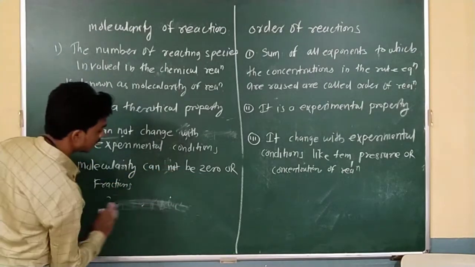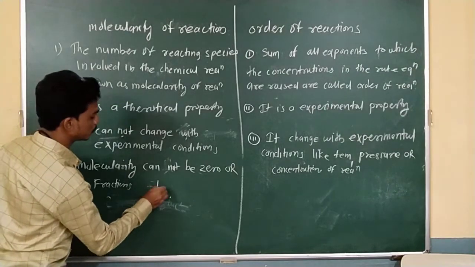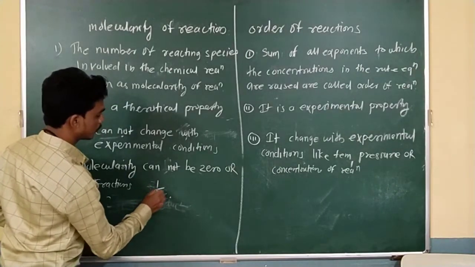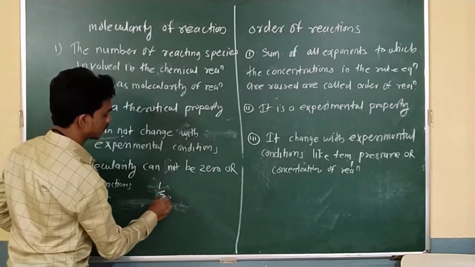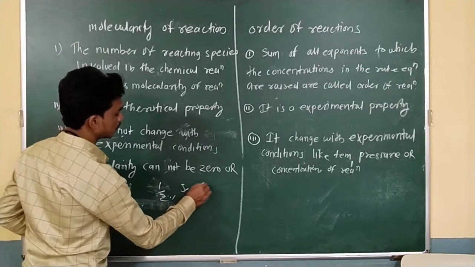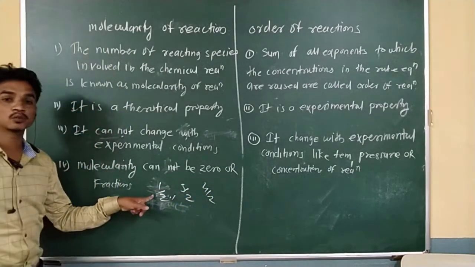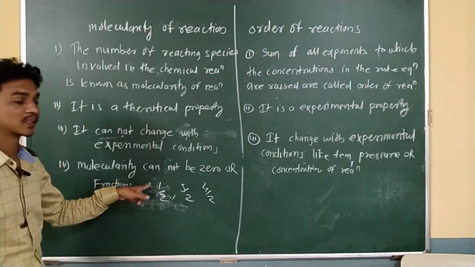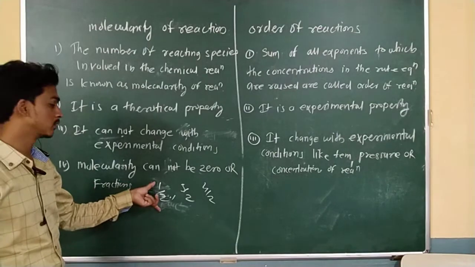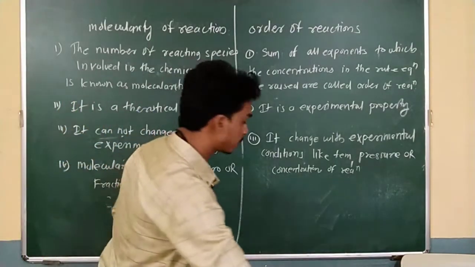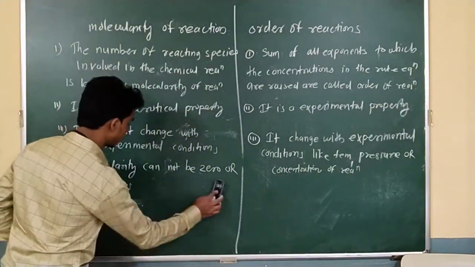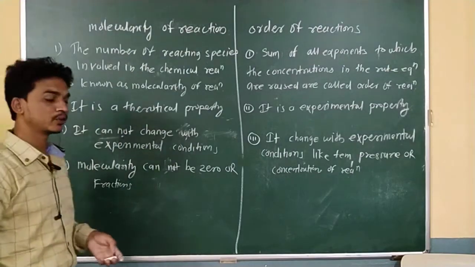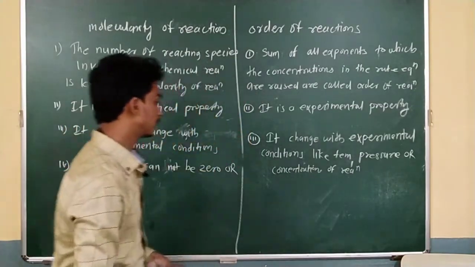Fractions means values like 3/2, 1/2. A fractional value of molecularity is not possible. A fractional value of any reactant molecule is not possible. So molecularity cannot be zero or a fractional value.